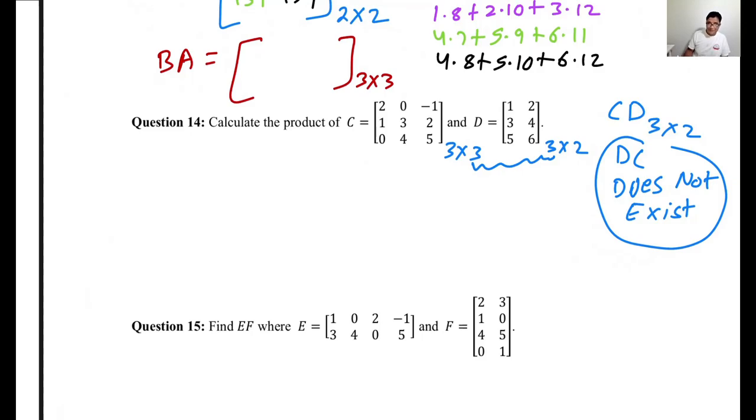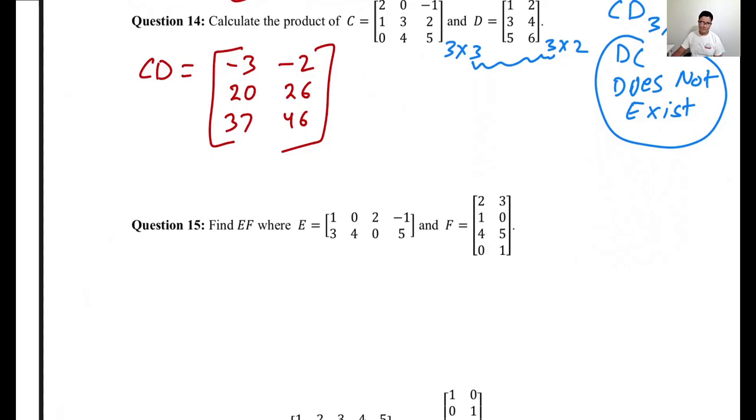So another important thing to remember: it's possible that you can multiply one way, but not the other way in matrix multiplication. So let's compute CD. You can do this and then check your answer with me. I will pause and show you the answer. That is your product CD.